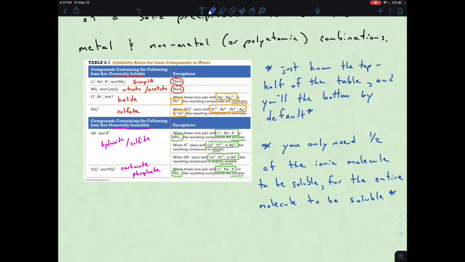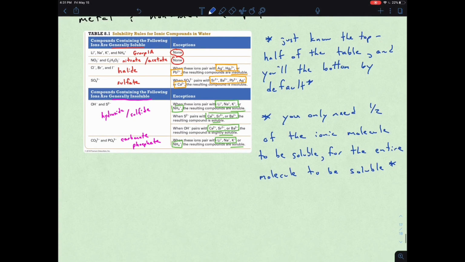So all you have to do is find one of them, and then we have this idea of solubility. So let's look at an example of utilizing this table.